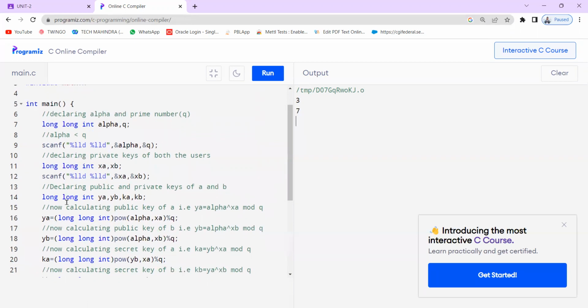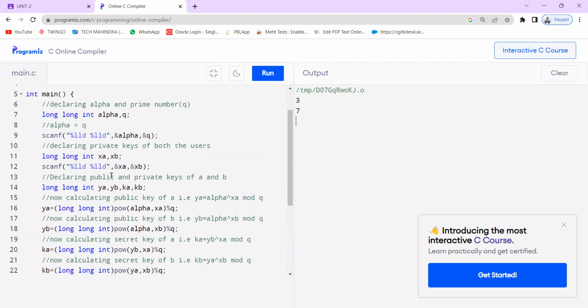Next, we give the private key of a, that is 3. We can give any prime number, but it should be less than q. Next, we give the private key of b, that is 5. It is also less than q, so the condition is satisfied.